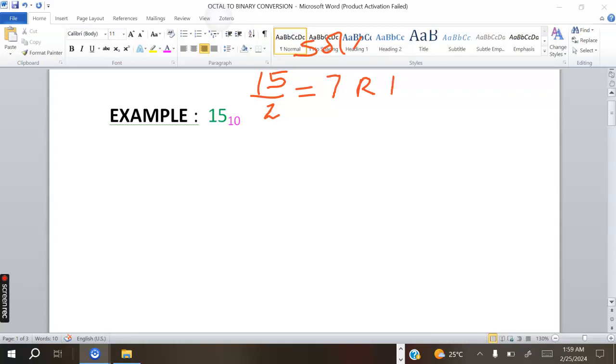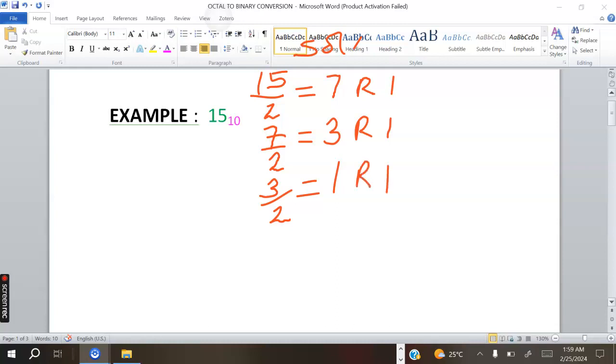Then you take the 7 and divide by 2, where you will get 3 remainder 1. Next, you take the number 3 divided by 2, which is 1 remainder 1.